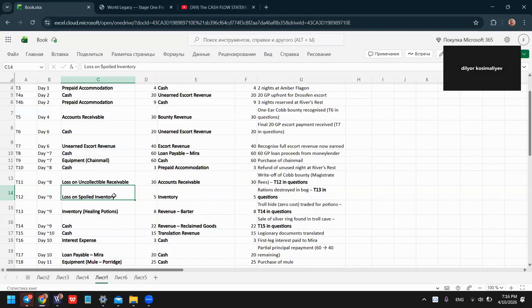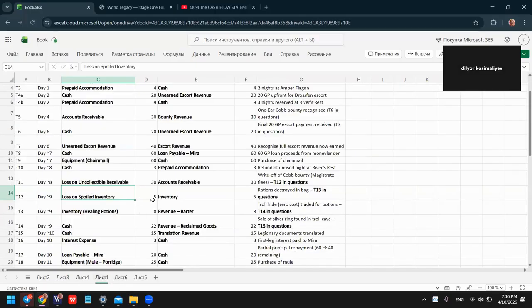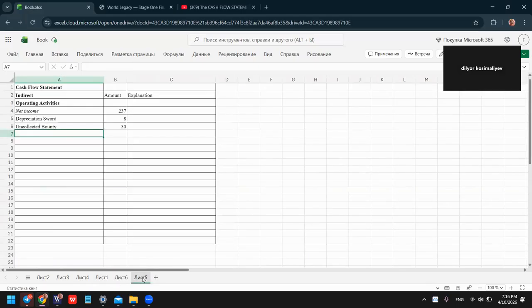It was essential for her, and she lost it. That's why we recorded it in the operating expenses as well. So let's go and record it. It was inventory.